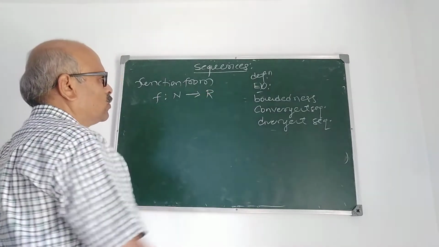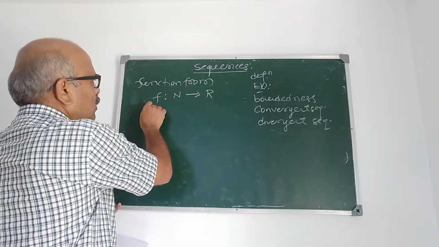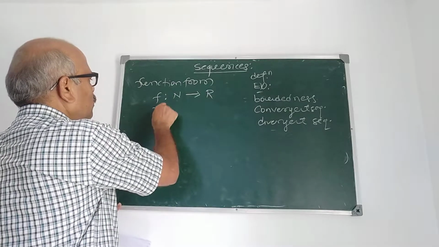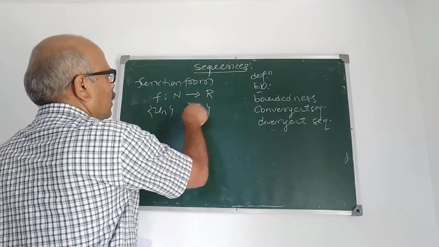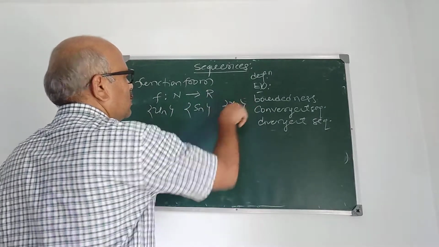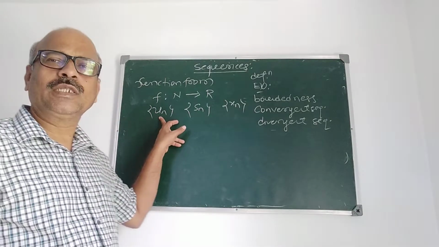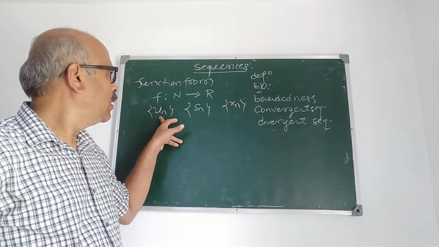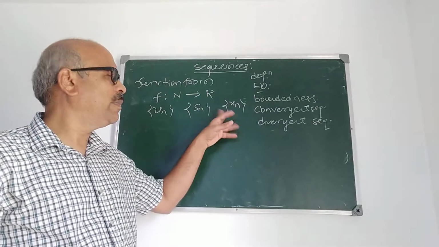We denote the sequence by different notations: un or sn or xn and so on. Also, a sequence is denoted by its nth term.